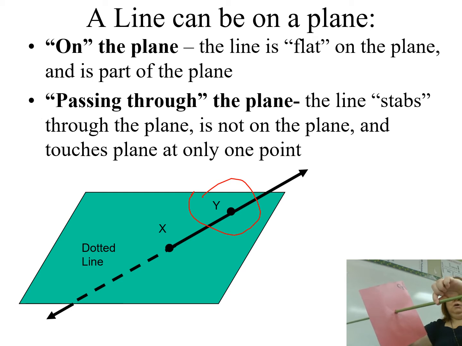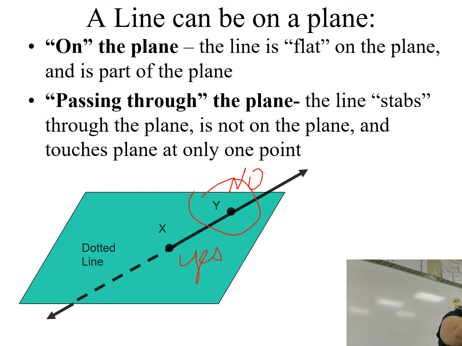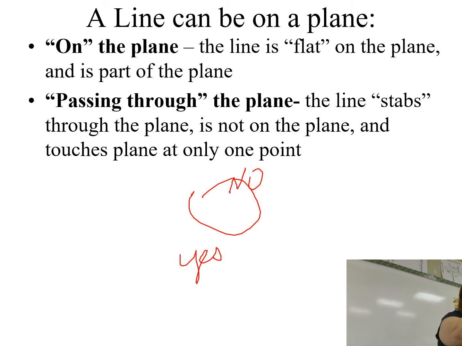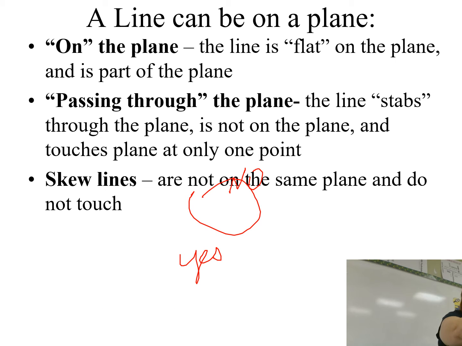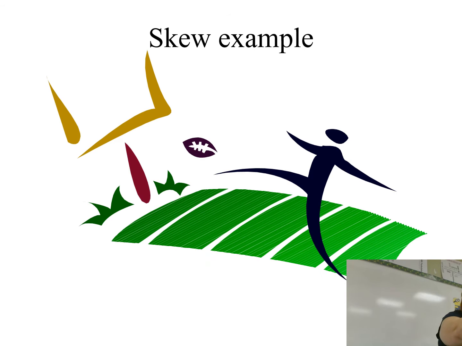So is Y on that plane, on that flat red paper? No, it's up above it right there. So, a little 3D effect that you got to get straight in your mind. So, X is yes, is on it, Y would be no, not on it. Okay.